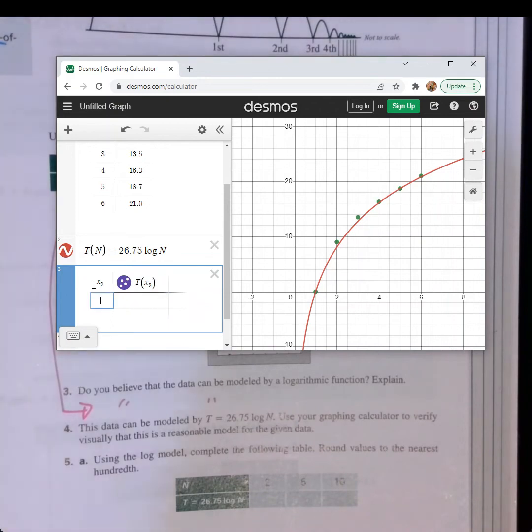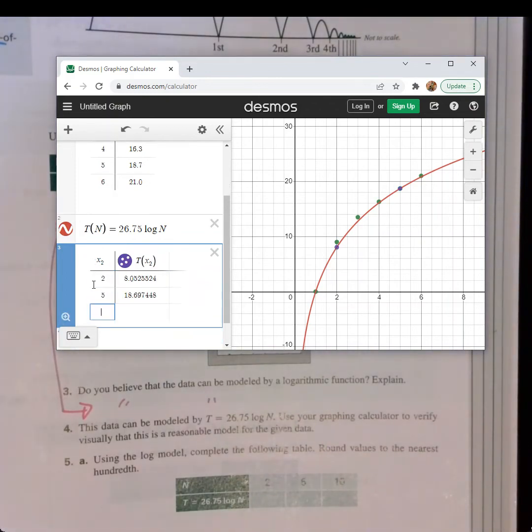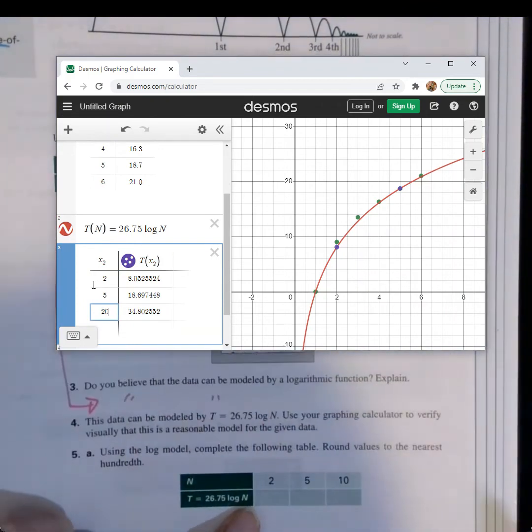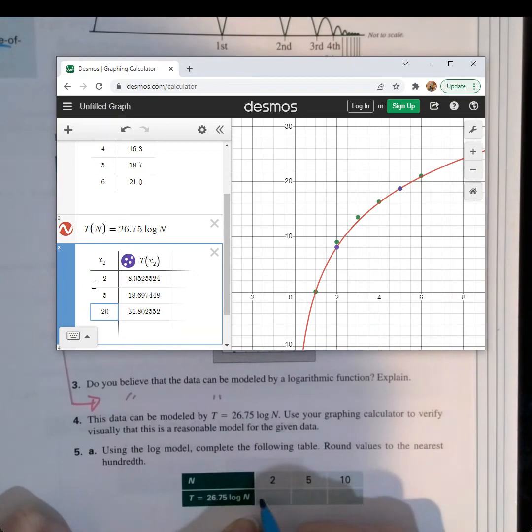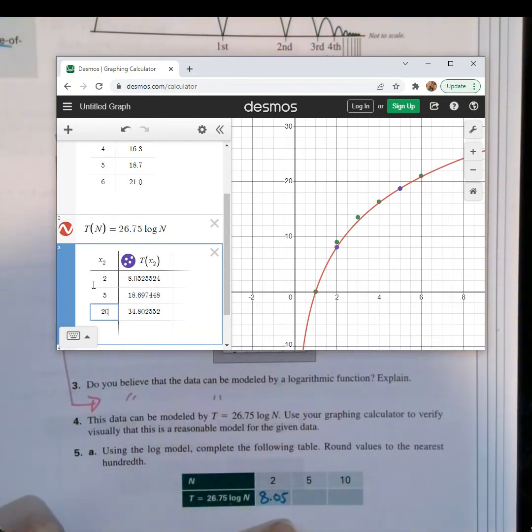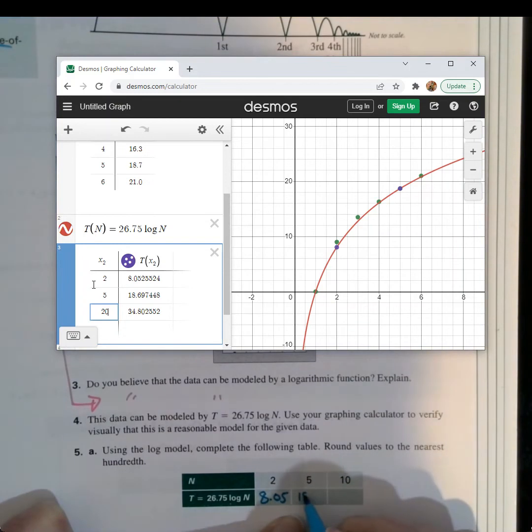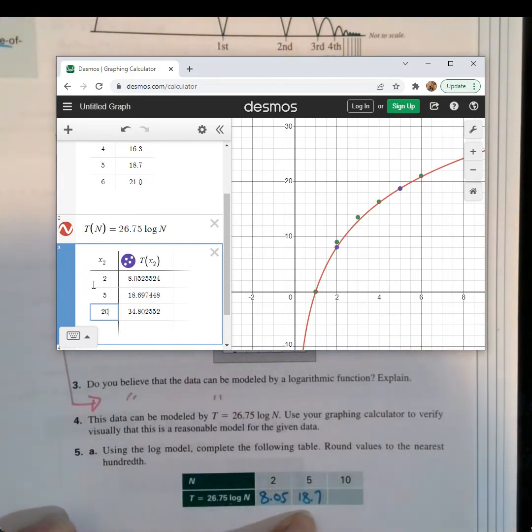And we're supposed to plug in 2, 5, and 10 to our function. Okay, so with 2, I get 8.05. With 5, I get 18.7. And with 10, I get 34.8.